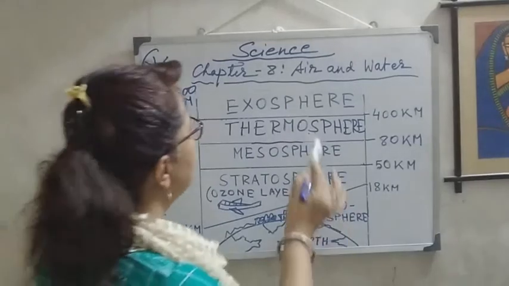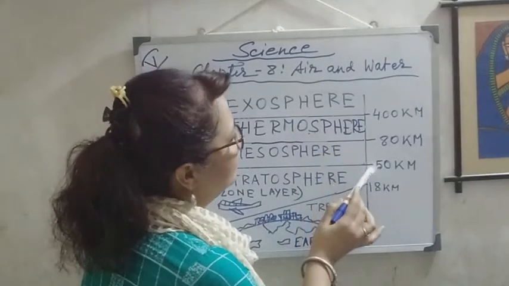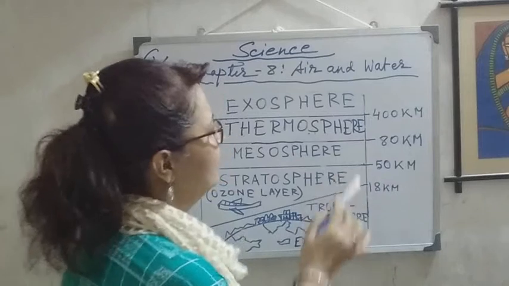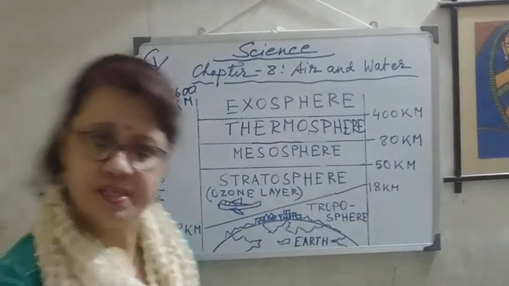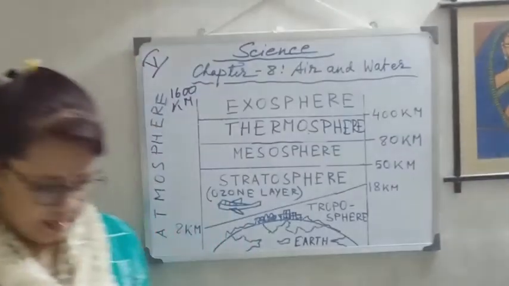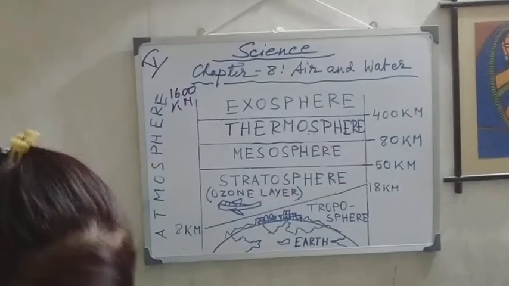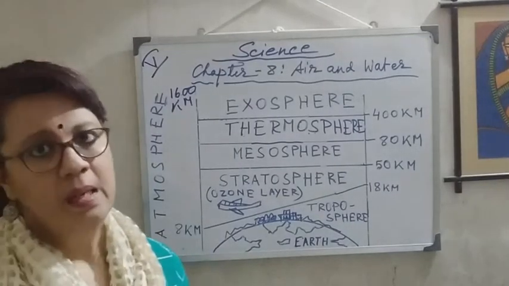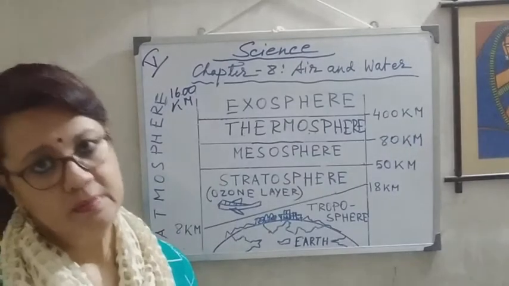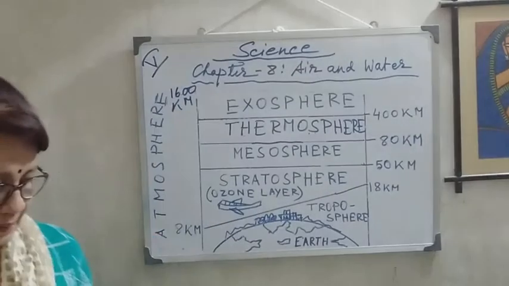And the next is mesosphere. Mesosphere extends from 50 to 80 kilometers. The mesosphere is also a very important layer of the atmosphere.